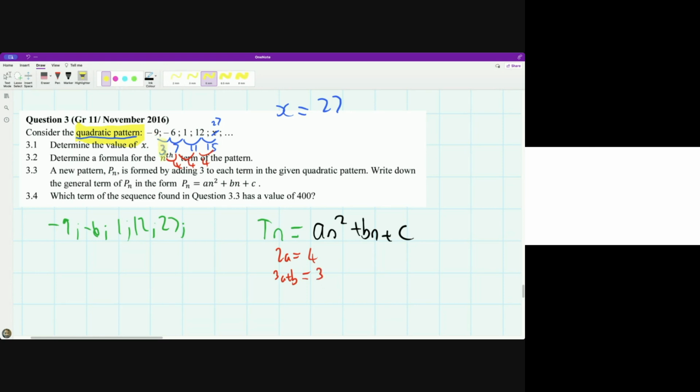It's the first difference is that value there. And then a plus b plus c must be -9, which is this value here. But I still need help finding what a, b, and c are.